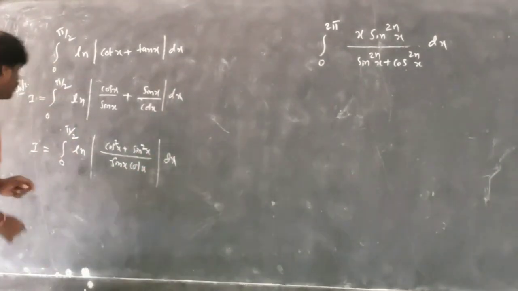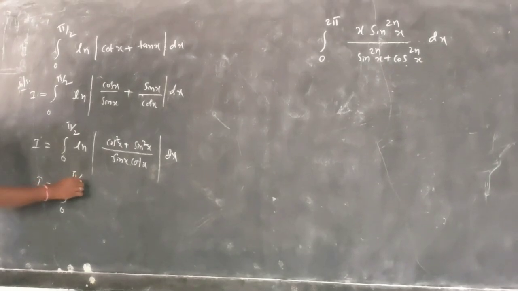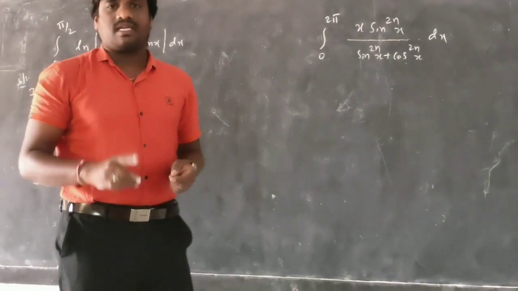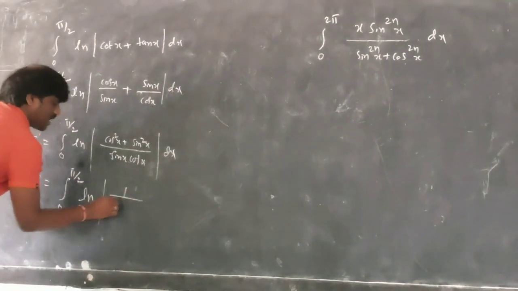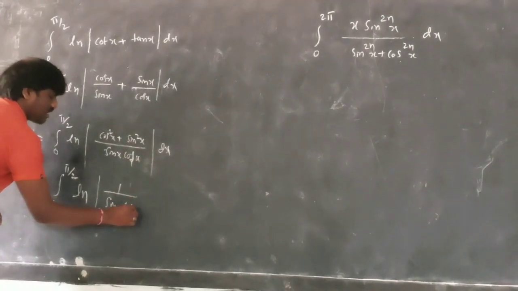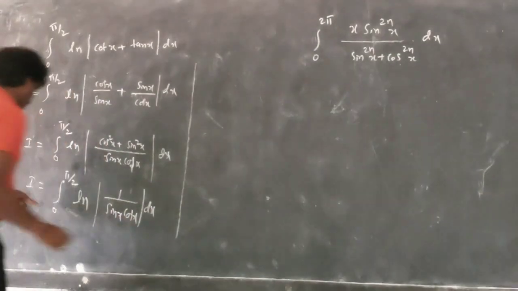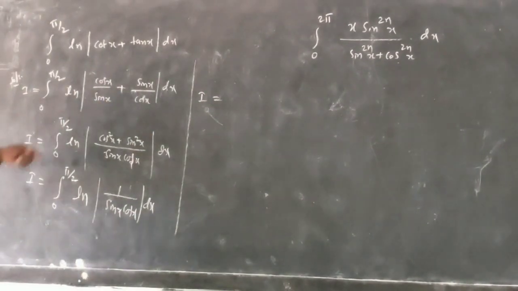Hope you understand. So I can write I is equal to integration 0 to pi by 2 ln. Now tell me, what is sin square x plus cos square x? That is 1. So I can write 1 upon sin x into cos x, dx. Hope you understand this one. Therefore, I is equal to integral 0 to pi by 2 ln.